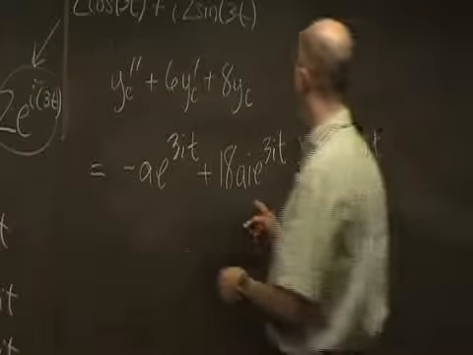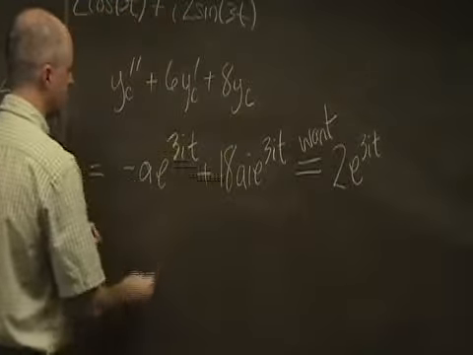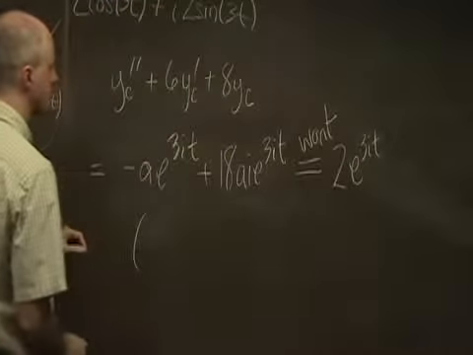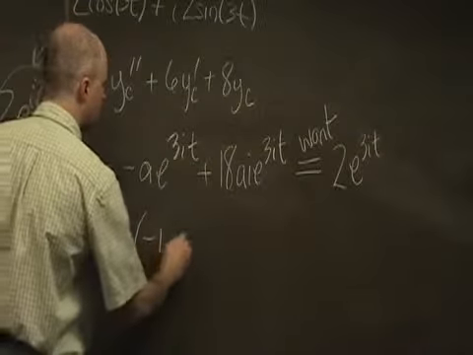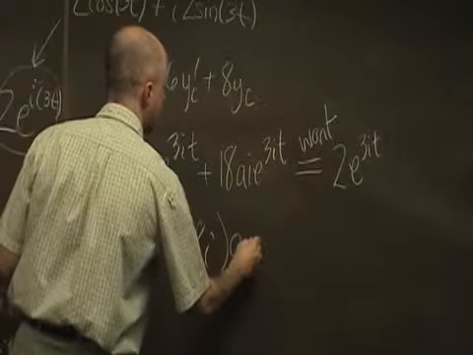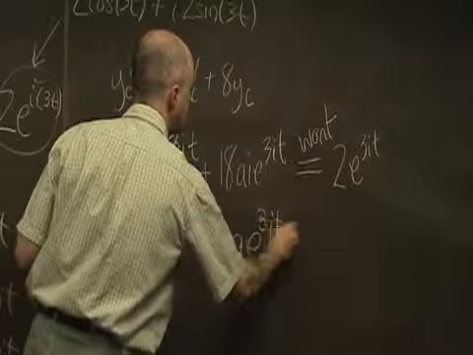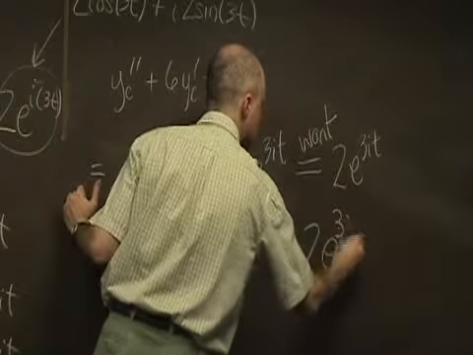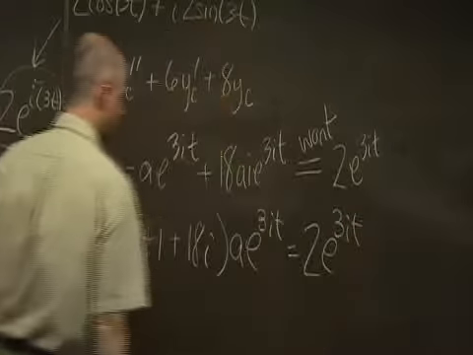By factoring out what's in common here, that's equivalent to saying we want negative 1 plus 18i times a times e to the 3it to always equal 2 times e to the 3it.